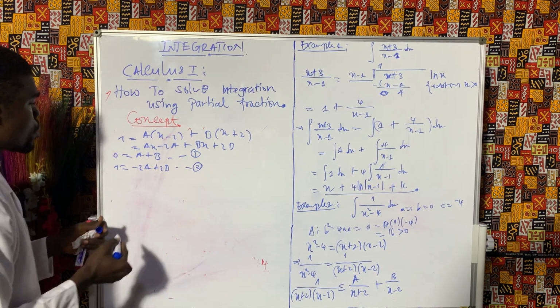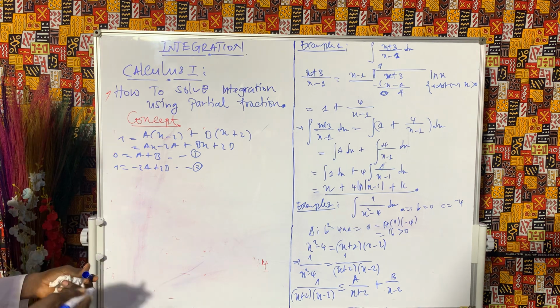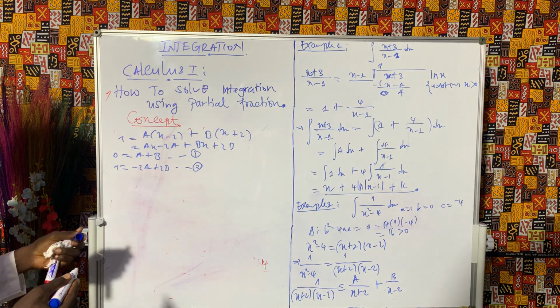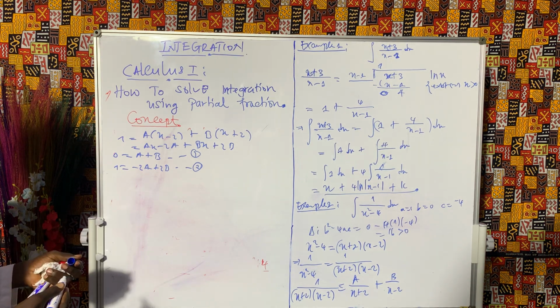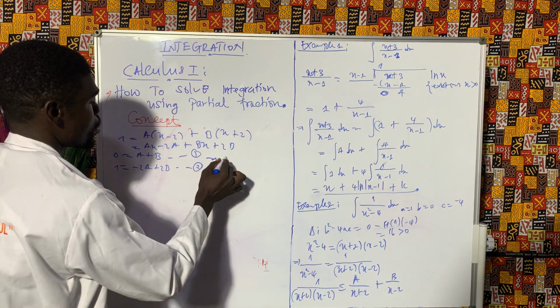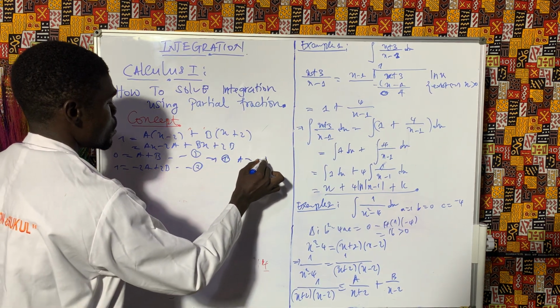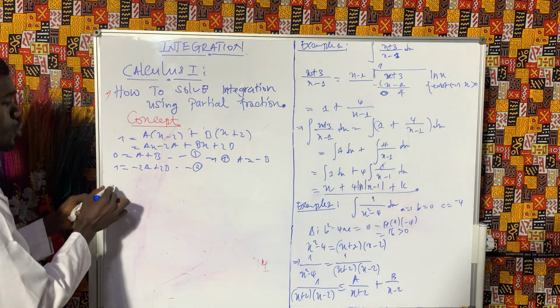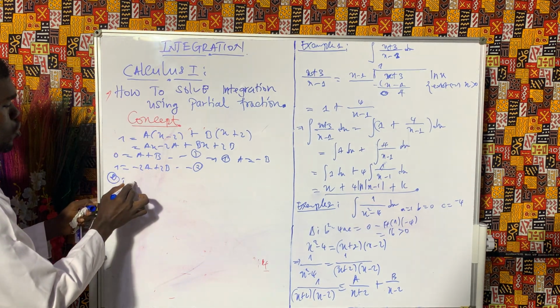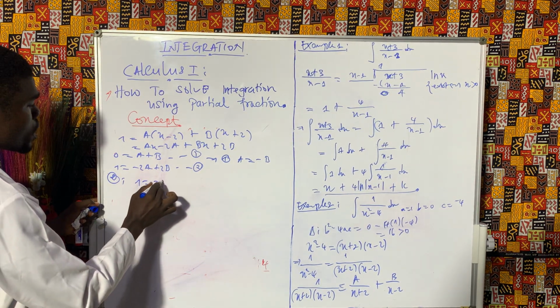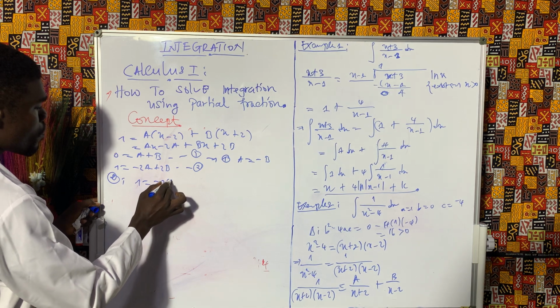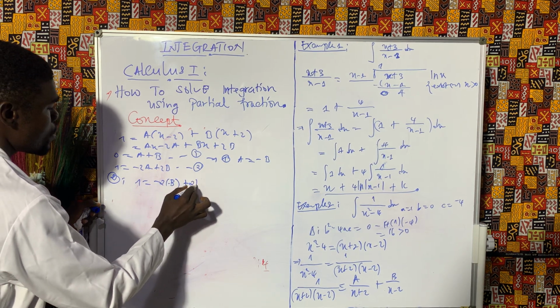We can use either the elimination method or the substitution method to come out with our solution, or we can just say, okay, from equation 1, our A is equal to negative B. Then we substitute in equation 2. So 1 equals negative 2 into negative B plus 2B.